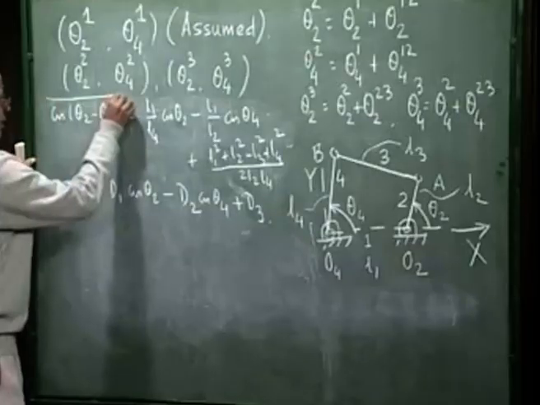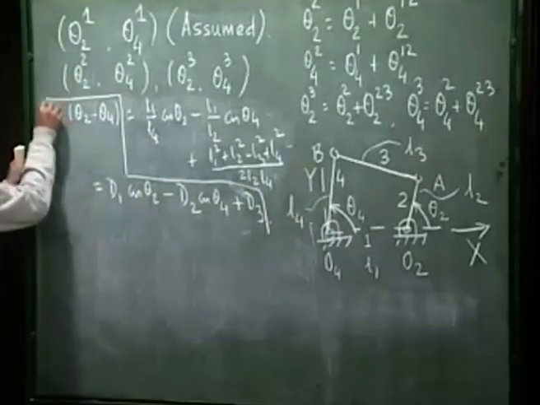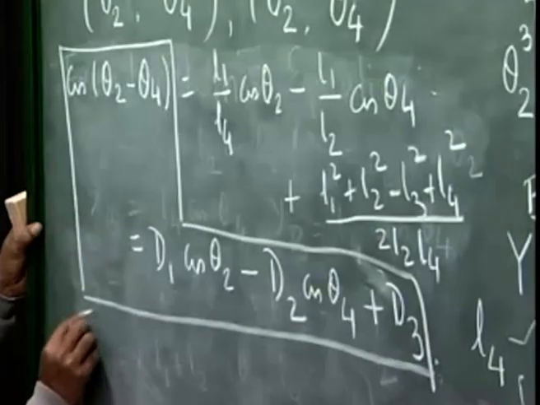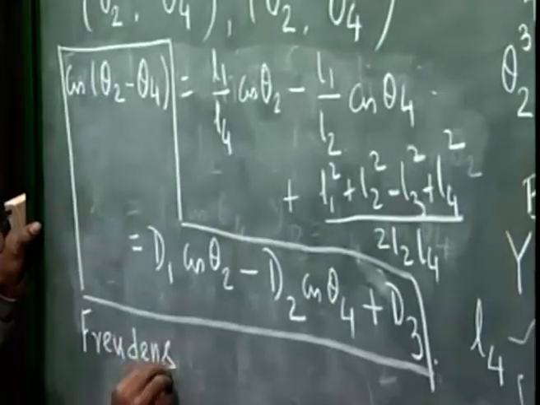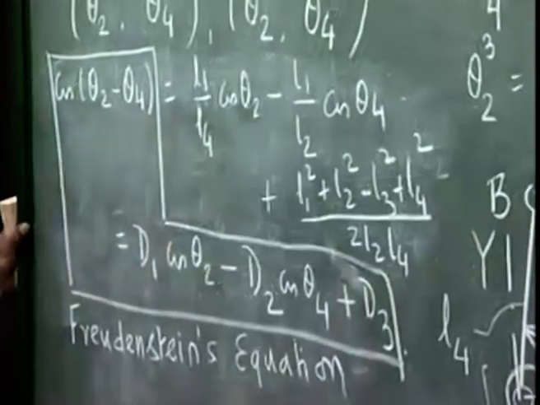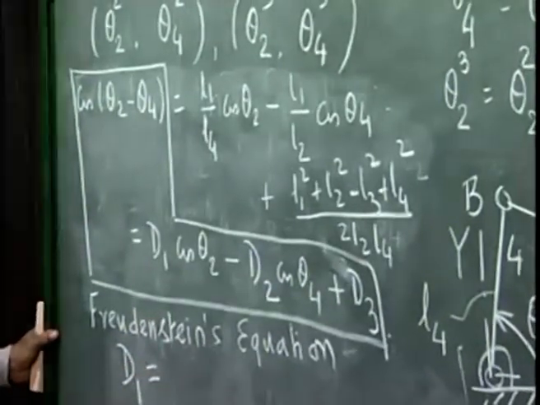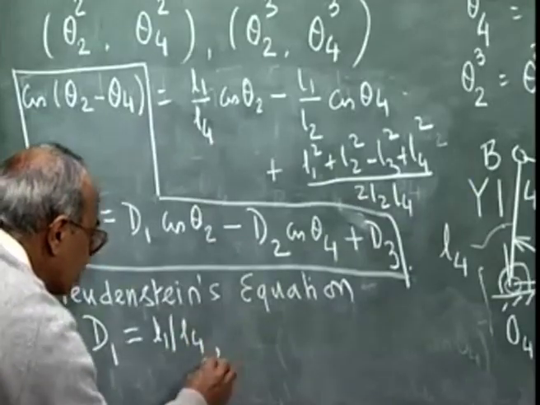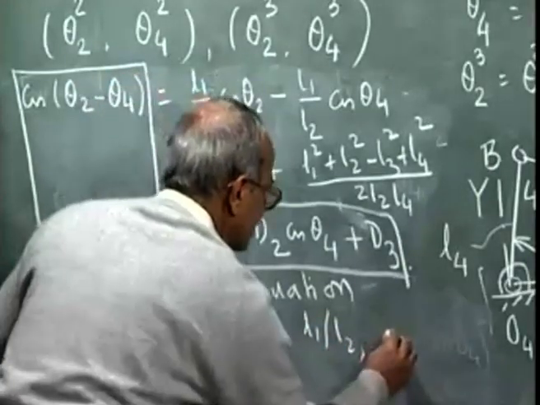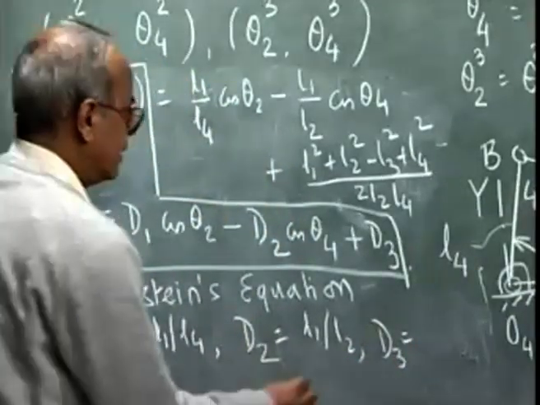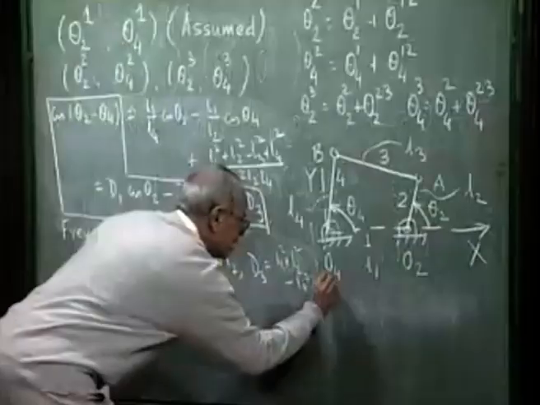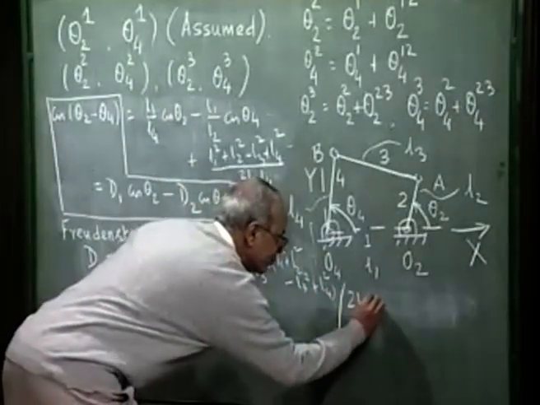And this equation is called the Freudenstein equation, where the three design parameters are D1 equal to L1 by L4, D2 is L1 by L2, and the third design parameter D3 is (L1 squared plus L2 squared minus L3 squared plus L4 squared) divided by twice L2 L4.